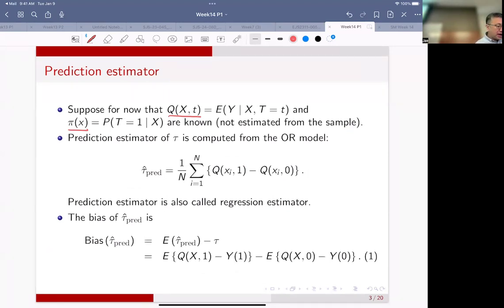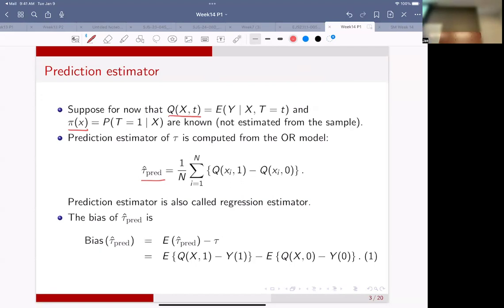If we know that, then one way is to construct a prediction estimator. This prediction estimator computes the expected potential outcome for t equal 1, computes the expectation of the potential outcome for t equal 0, and computes the difference over the population.